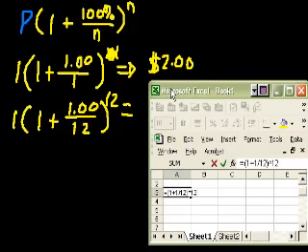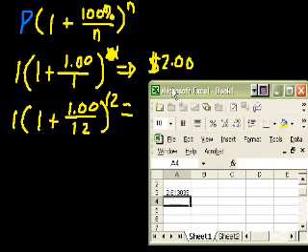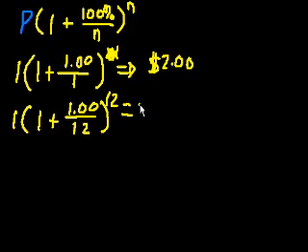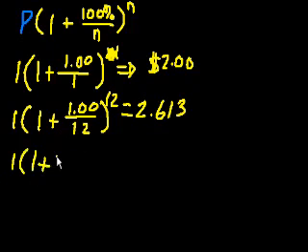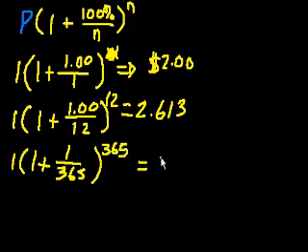To the 12th power, and that equaled 2.613. And when I compounded every day, the principal you borrowed was that times 1 plus 1 over 365 to the 365th power, and that equaled 2.71 and then something.